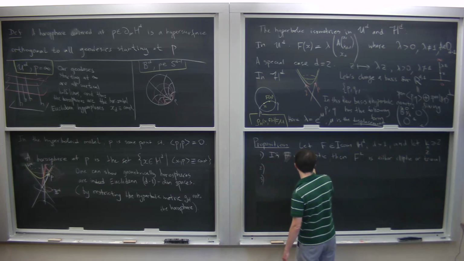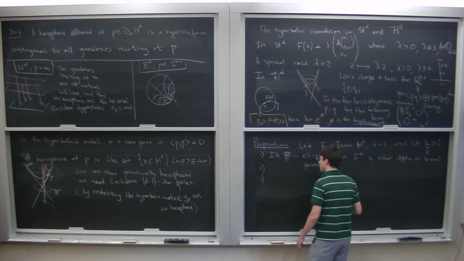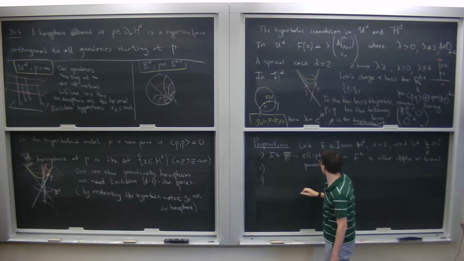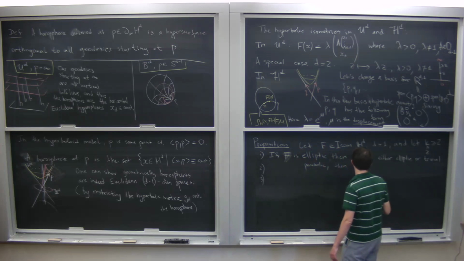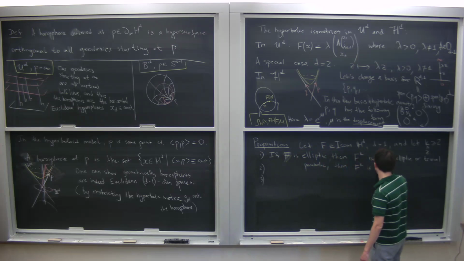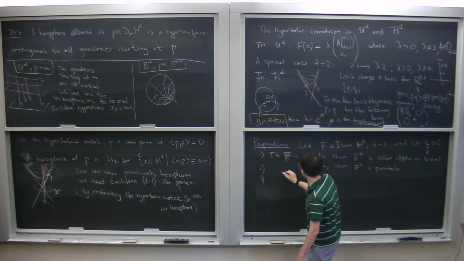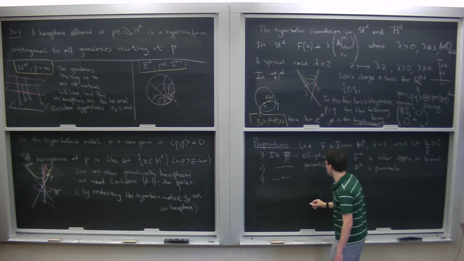And if F is parabolic, then F^k is parabolic, so I'm basically repeating the same.